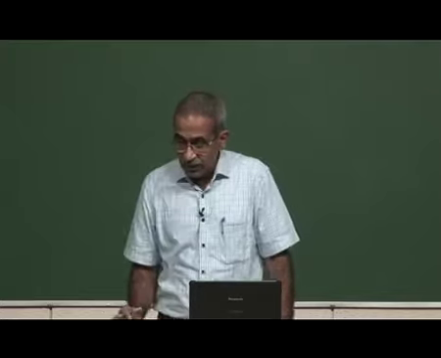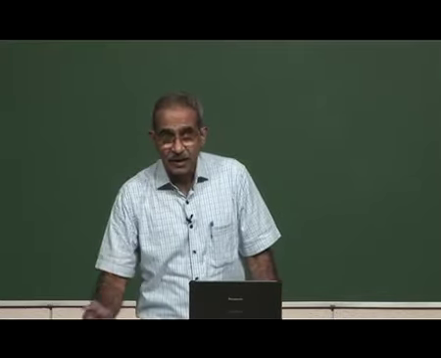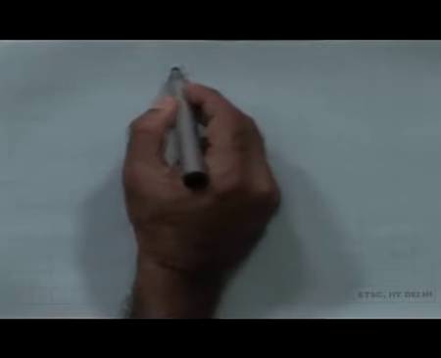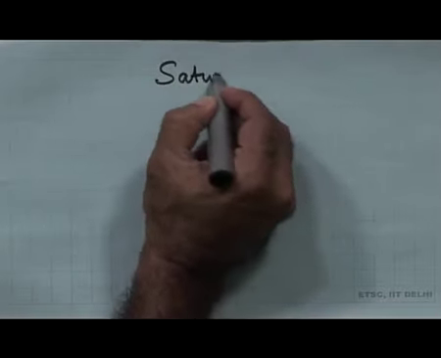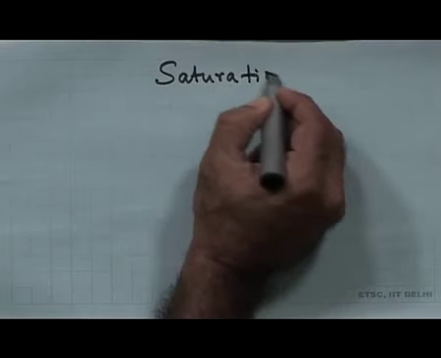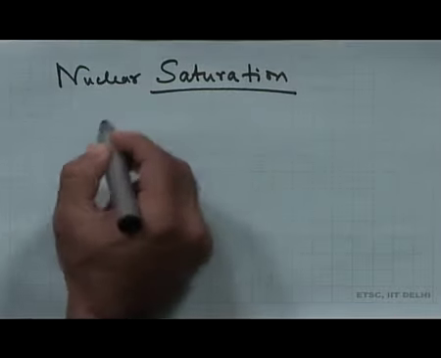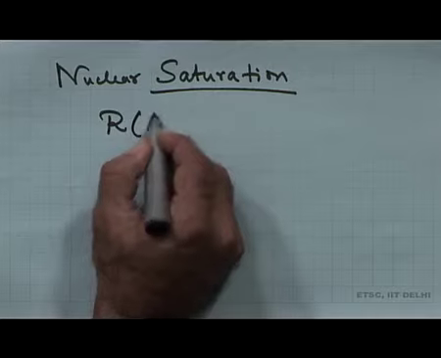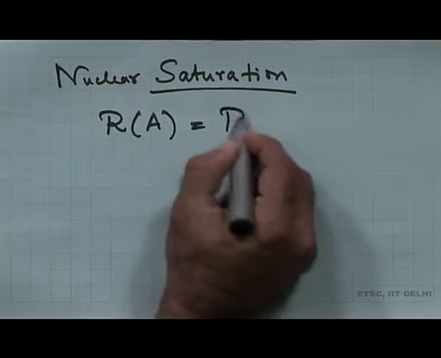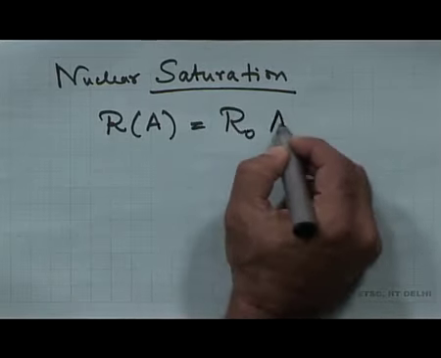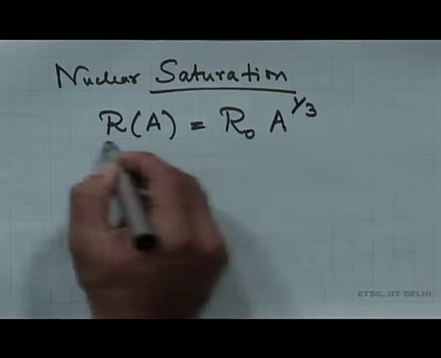So, all of it can be summarized in a simple formula, as I told you. Let us call it nuclear saturation. The radius as a function of A is given by some constant R naught into A to the power of 1 by 3.